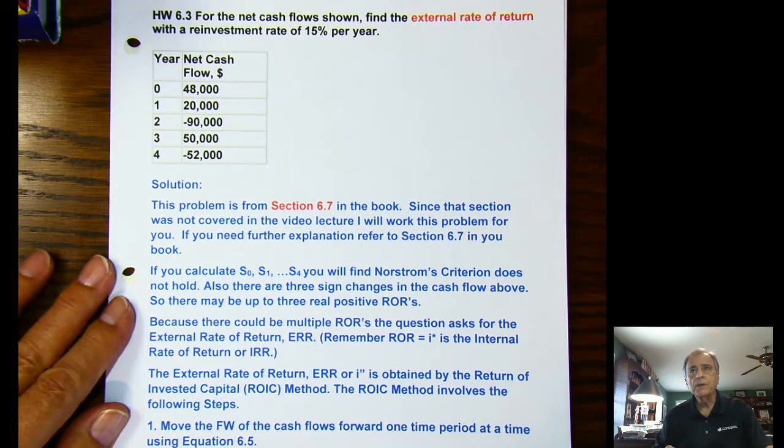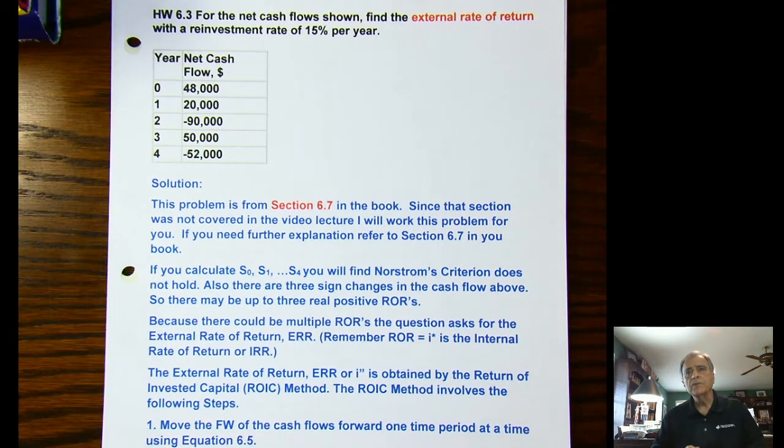Problem 6.3 actually comes from a section that I didn't cover in the video lecture or even put into the reading assignment. And because I couldn't take this problem out of the homework assignments in Connect, it works out that if a student has looked at those assignments, then the instructor can no longer remove homework problems.